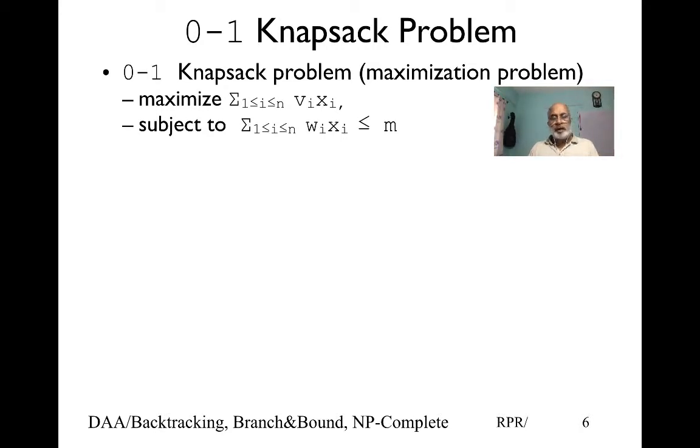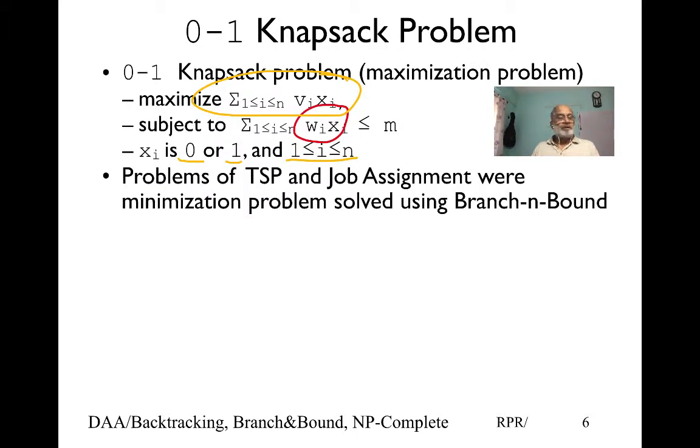If it is not taken, the value of xi would be 0. The sum total of all weights should be less than or equal to the capacity, and what we want is to maximize the sum of those elements which have been chosen. This essentially is the maximization problem.